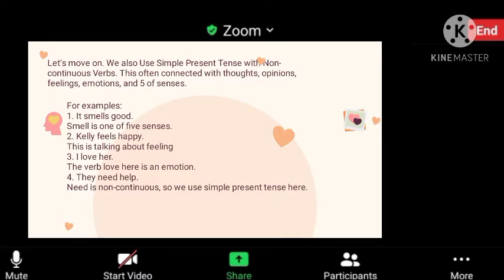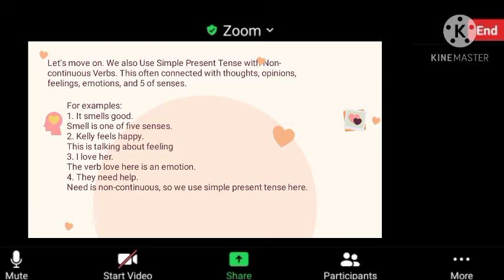Let's move on. We also use simple present tense with non-continuous verbs. These are often connected with thoughts, opinions, feelings, emotions, and the five senses. For example, one, it smells good. Smell is one of the five senses, guys.